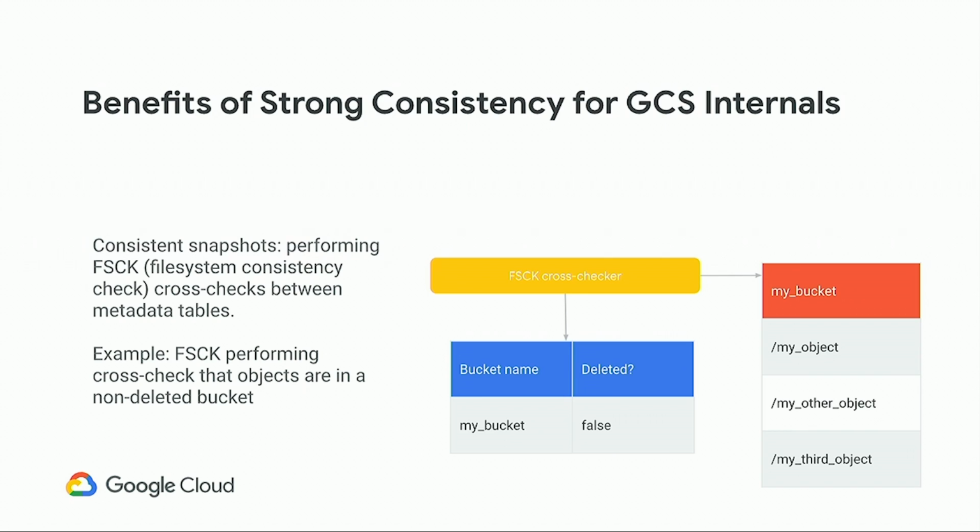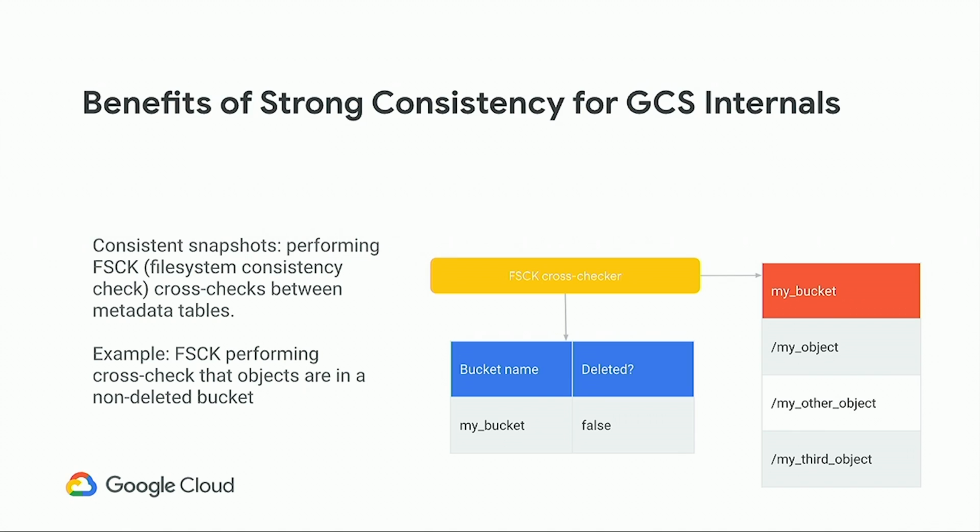To make these kinds of checks simple within GCS, we take advantage of the fact that you can take a consistent point-in-time snapshot across databases, and we have a strong guarantee from Spanner that everything in that snapshot, even if it's multiple databases, is exactly what was in those databases at that point in time. So this makes our FSCK cross-checking much simpler.